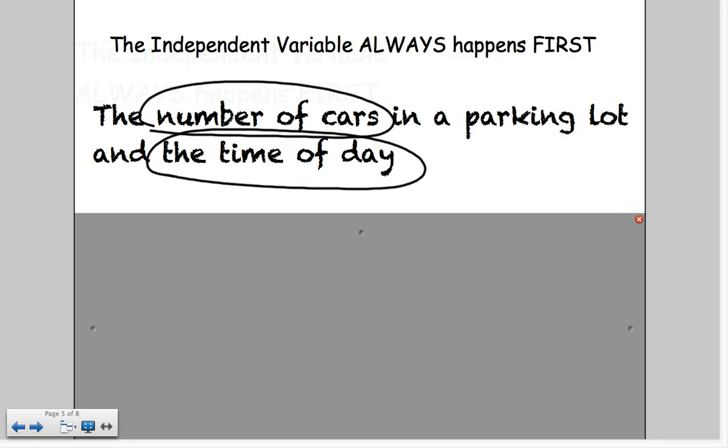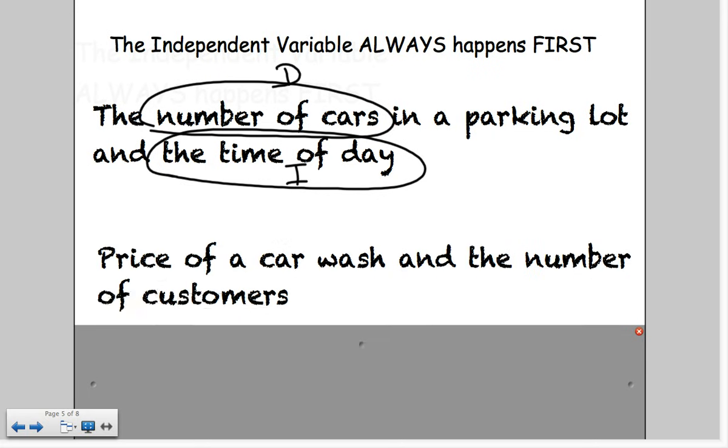If there's no time of day, there really isn't anything else. So time of day is the independent variable, and the number of cars is the dependent variable. That would make sense, since the number of cars depends on the time of day. The relationship would be if it's 2 a.m., there probably aren't very many cars in a parking lot. If it's 10 a.m., there are quite a few more cars.